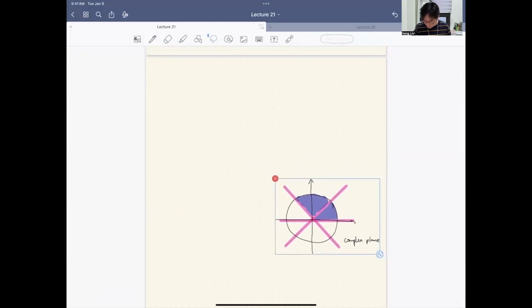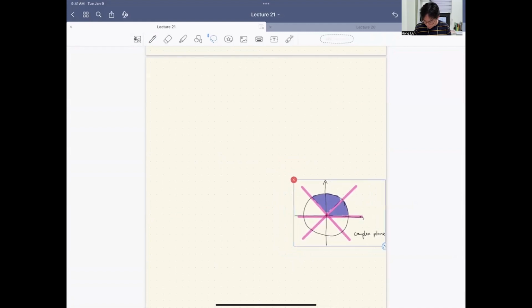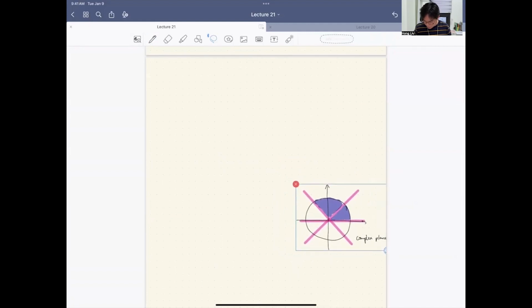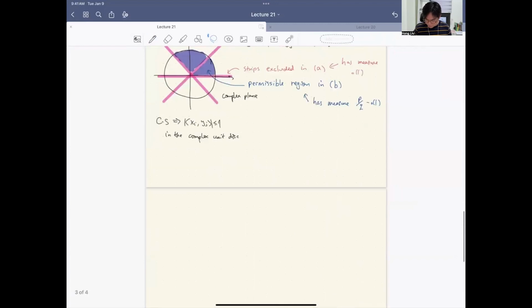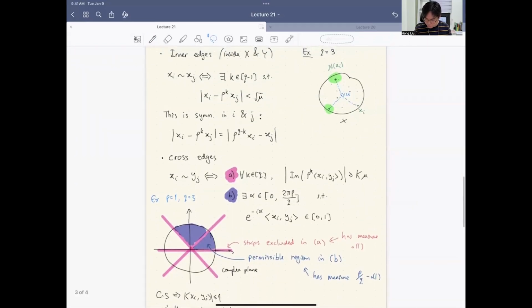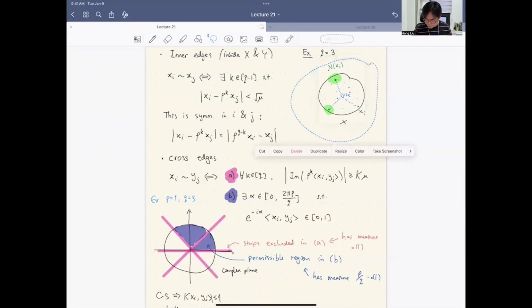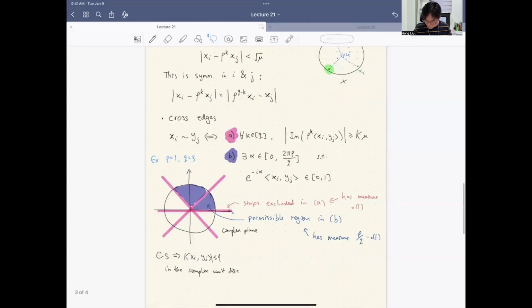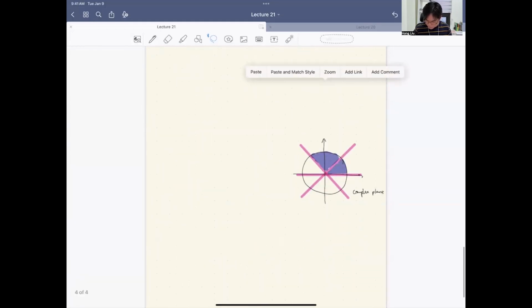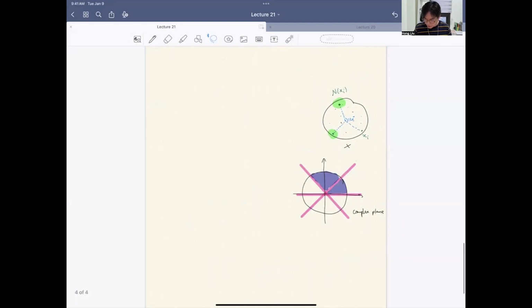Just for you to remember, let me put this here again: how inner edges and outer cross edges are determined.